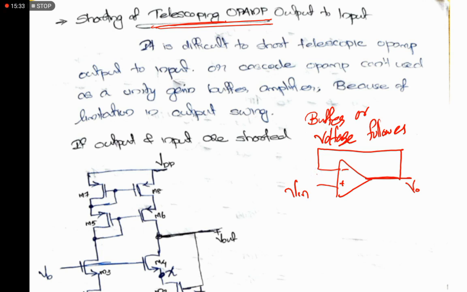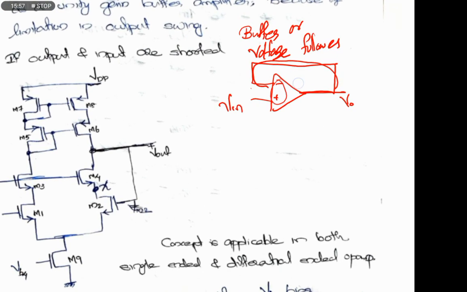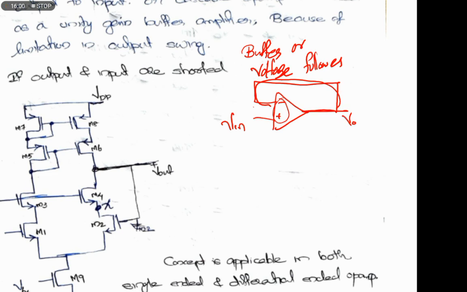V out becomes Vin due to the virtual short of our OPAMP. So for getting the voltage follower or buffer circuit, we need to make sure that the output is shorted to the input. That buffer configuration is not possible in a telescopic cascoded OPAMP, because when we connect the output to the input, we can connect, no issue, but the output swing is very low in this configuration.